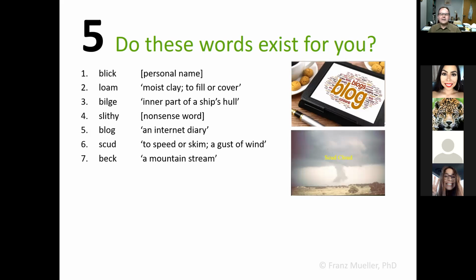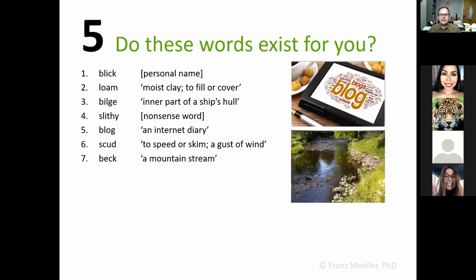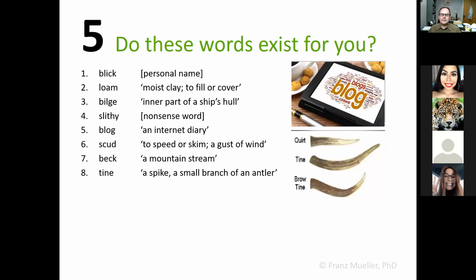A beck is another word for a mountain stream, like this one over here. Tine is a word for a part of a deer's antler. The smaller. So here's different parts of the antler. This is the bone that's called a tine. Again, people who are into this particular area of knowledge, interest, they would know these words.